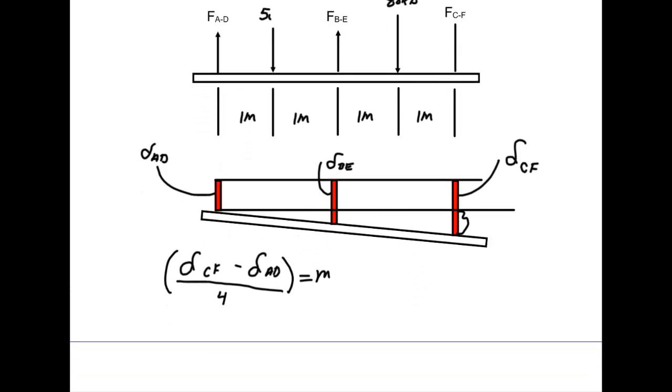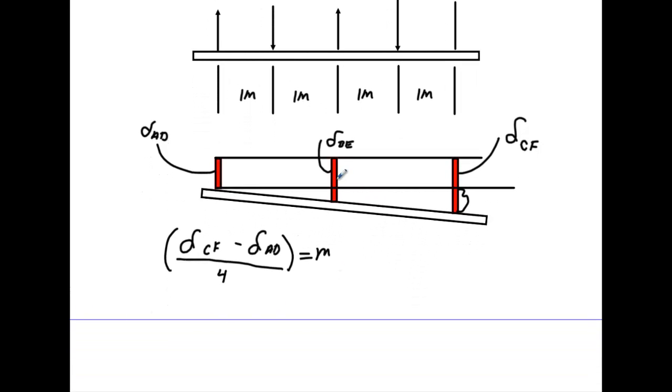Alright, so now let's see if we can write some equations. If I'm going to find the deflection at BE, the deflection at BE is going to be this total deflection. Now this deflection from here to here is just AD, plus the slope of the beam. If I multiply the slope times 2, I will get this distance.